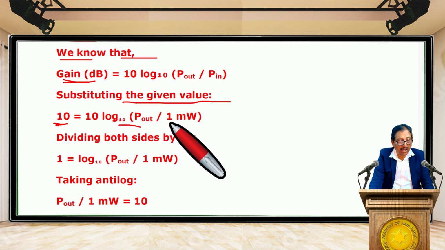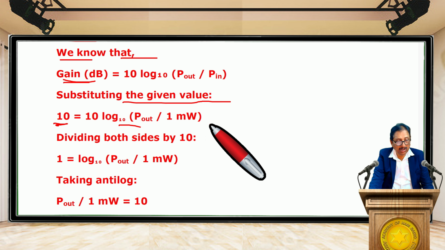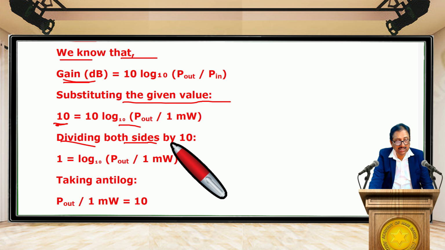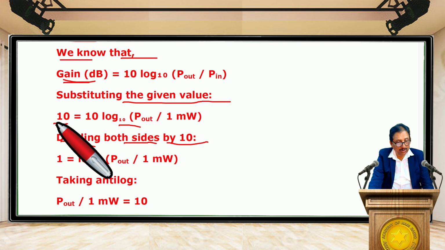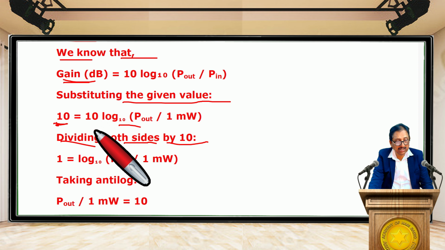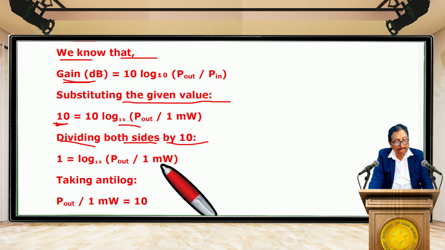Here P in is 1 milliwatt. Dividing both sides by 10, 10 by 10 is 1, and the 10 also cancels. So the remaining part is log P out by 1 milliwatt to the base 10.